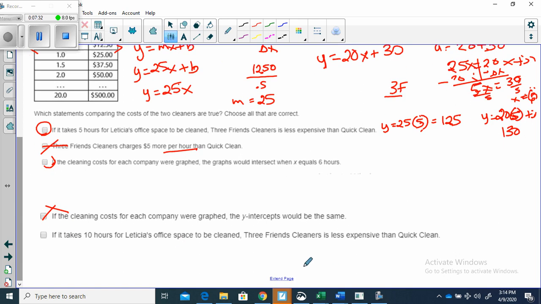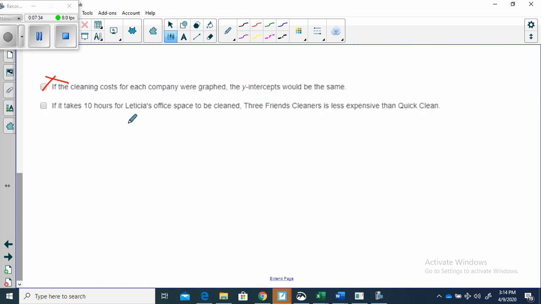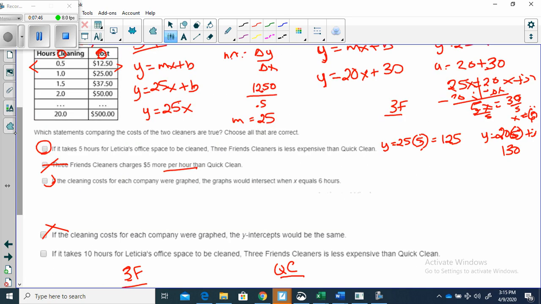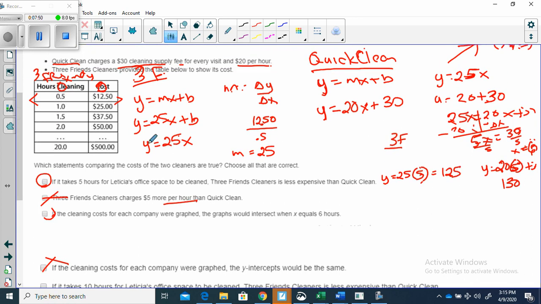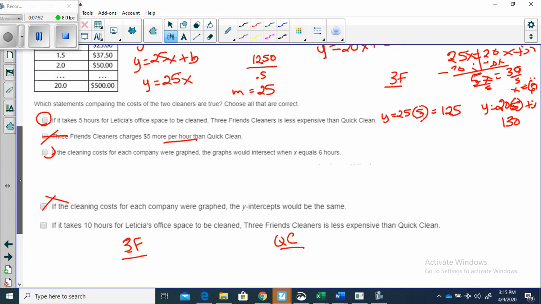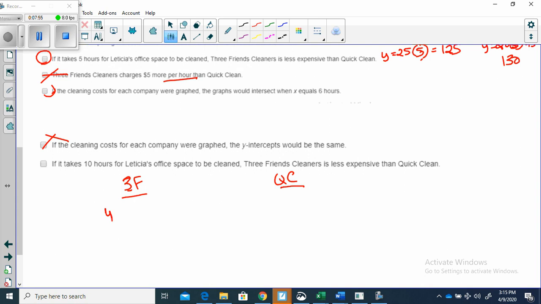3 Friends and Quick Clean. Let's go back and get the two equations. The 3 Friends equation is y is equal to 25x, and this one is y is equal to 20x plus 30.